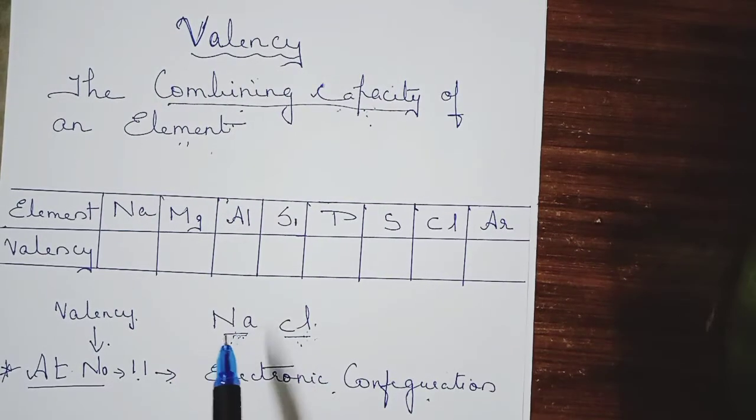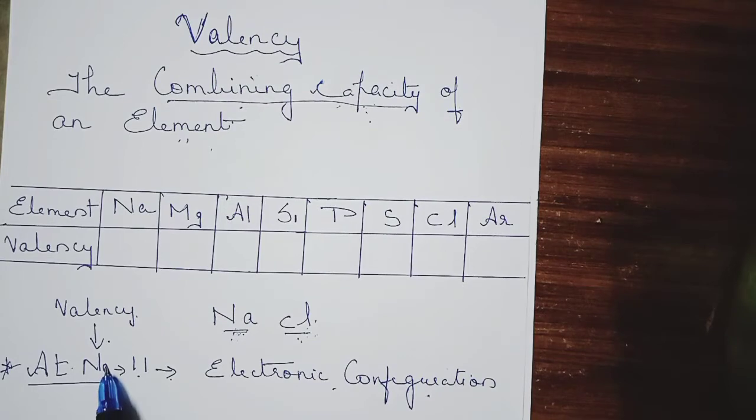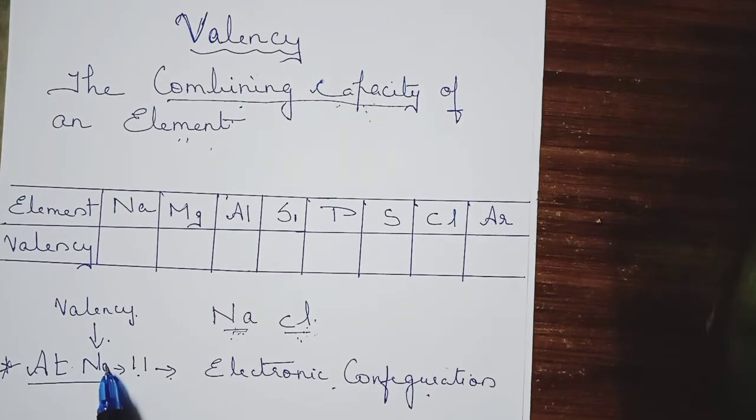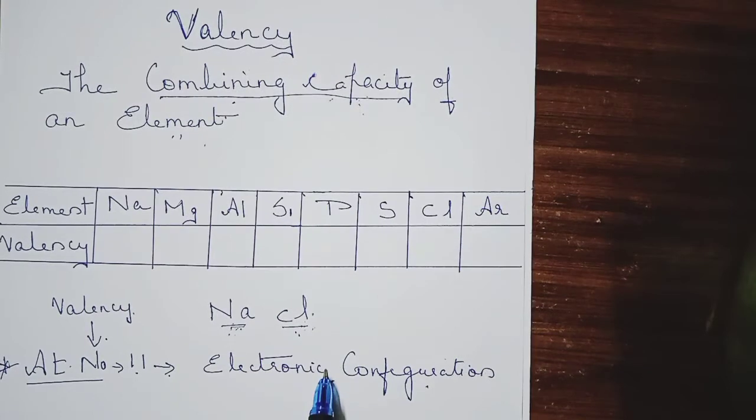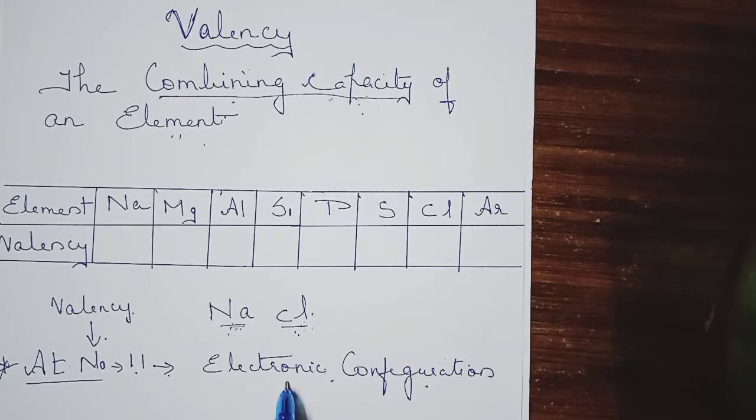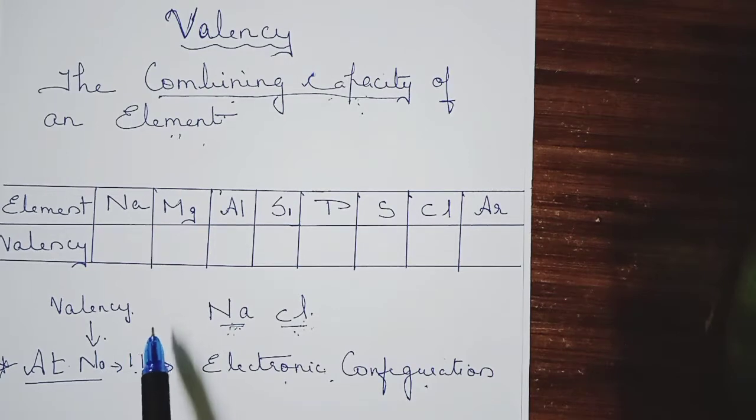Now, in order to find the valency, there are a few criteria which we need to know. One is the atomic number of an element and how to write its electronic configuration. I'm sure you would have learned in your previous class how to find the electronic configuration of every element.